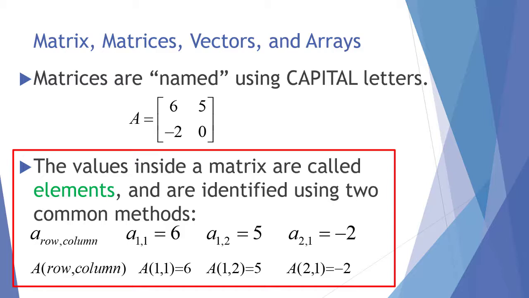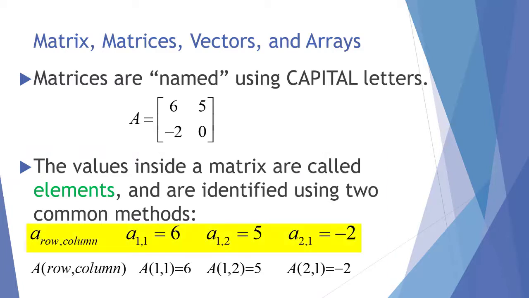You can use subscripts like shown here. A sub 1,1 is the value within matrix A in the first row and the first column. A sub 1,2 is the value in matrix A in row 1, column 2, which would be 5. Same idea, A sub 2,1 would be the value in matrix A row 2, column 1, which is -2.